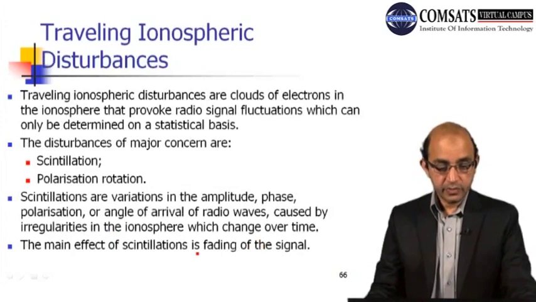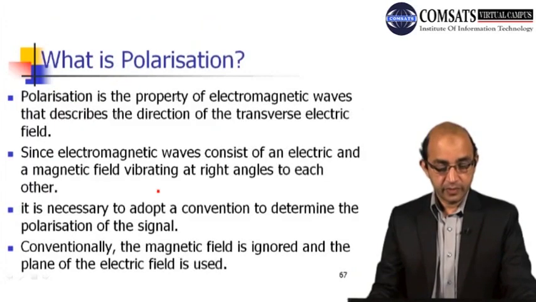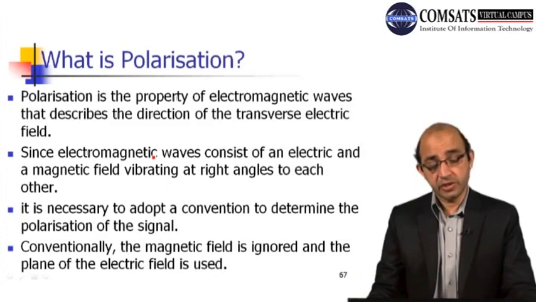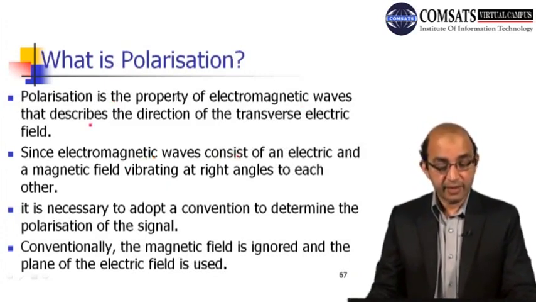Okay. Then we have traveling ionospheric disturbance. So we have scintillations, polarization rotations, right? So what is polarization? It is the property of electromagnetic waves that describes the direction of the transverse electric field.